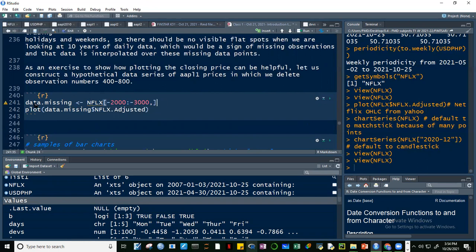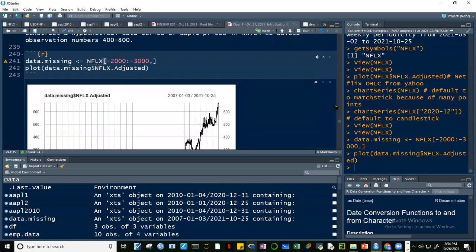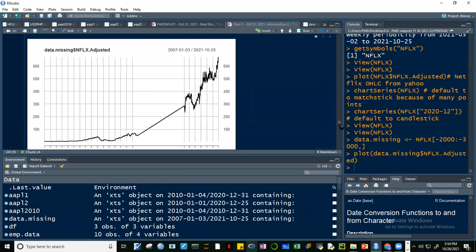So here we're going to create an object called data missing. It will include Netflix prices, but exclude the data from 2,000 up to 3,000. Let's run this all together. Okay, all right. Here you can see, guys, the missing data.